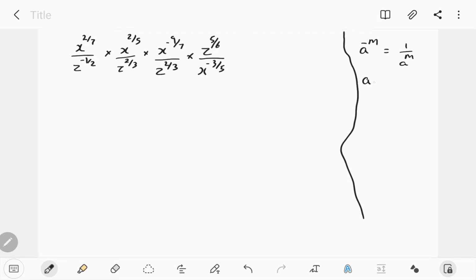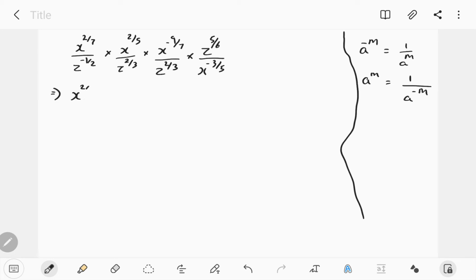Similarly, we can apply this logic and say that a power m is also equal to 1 by a power minus m. Using this property, I want to bring all the denominators to the numerator, so that I will have an expression involving only multiplication and not a division. So I'm going to bring all the denominators to the numerator.